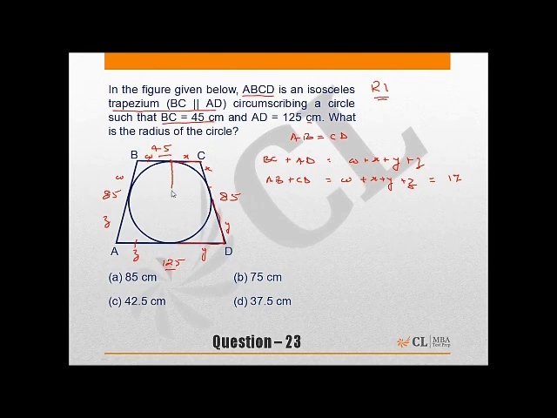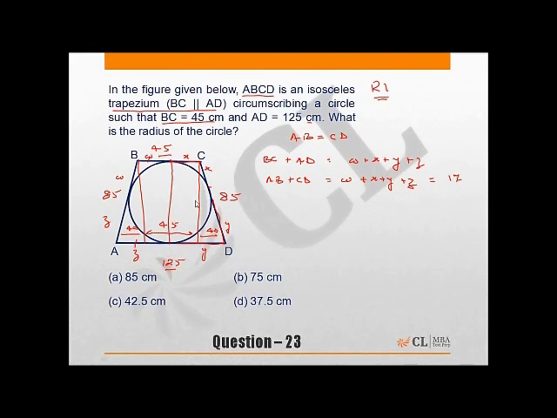We want to find the radius of the circle, or in other words, we need to find the distance between the two parallel sides. So since this is 45, even this will be 45, and this will be 40, and this will be again 40.